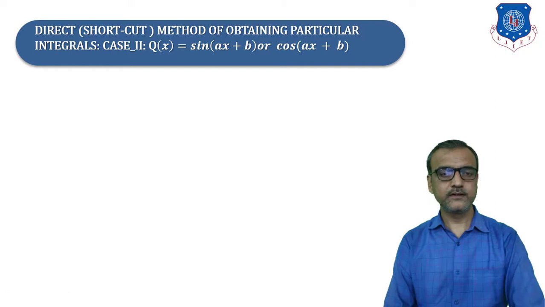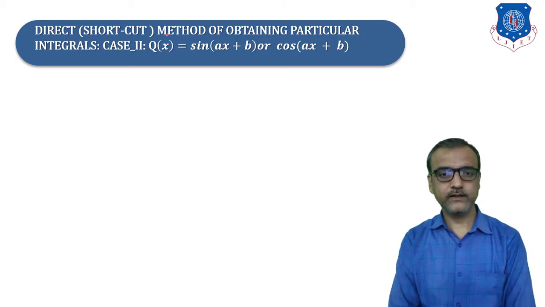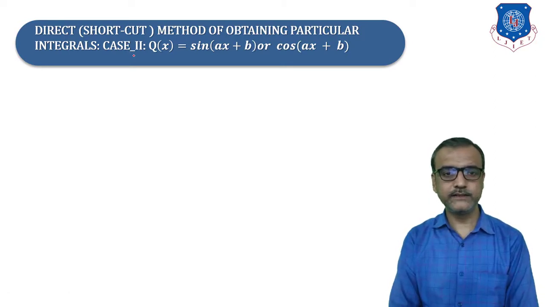So this is case number 2, method of obtaining particular integral when q of x is sine of ax plus b or cosine of ax plus b.